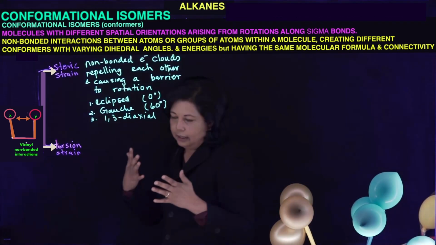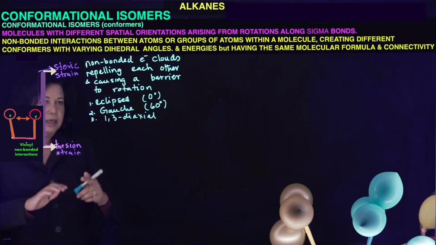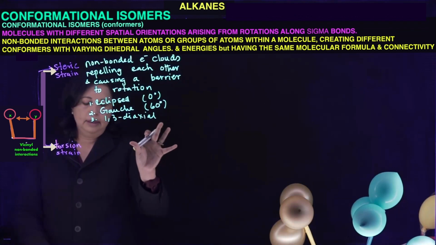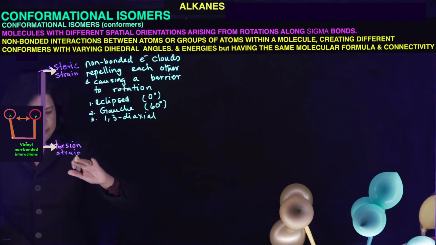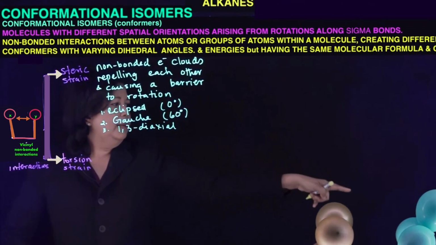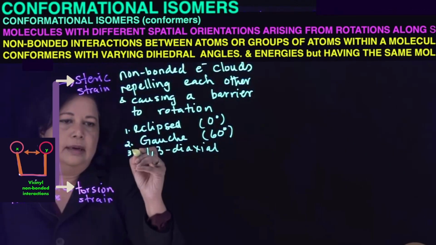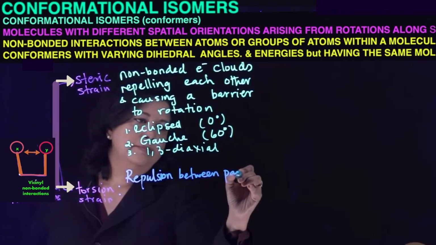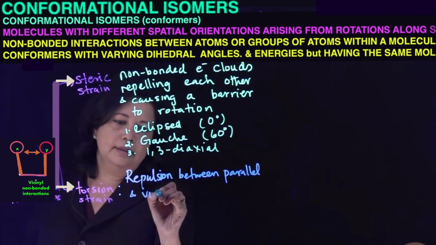So let me write that down before we forget. The repulsion of parallel and adjacent sigma bonds causes the sigma bond to stabilize with the adjacent sigma star bond. Repulsion between parallel and vicinal bonds.